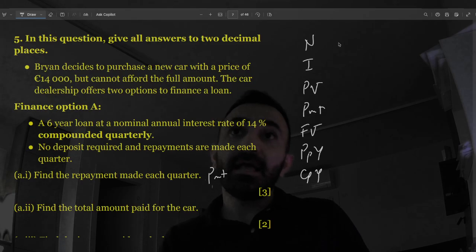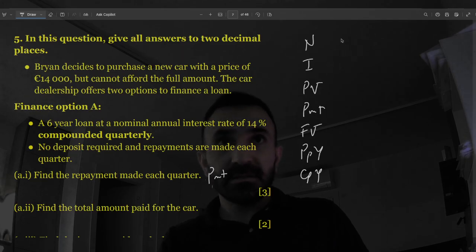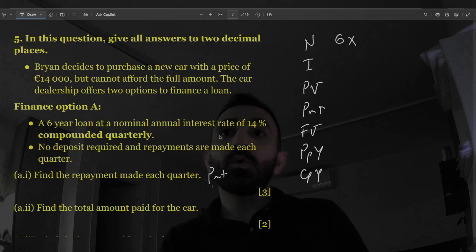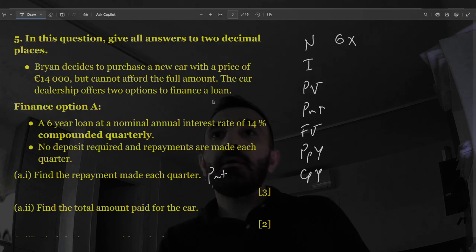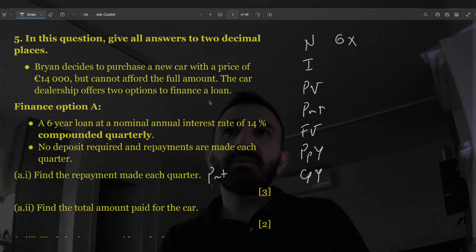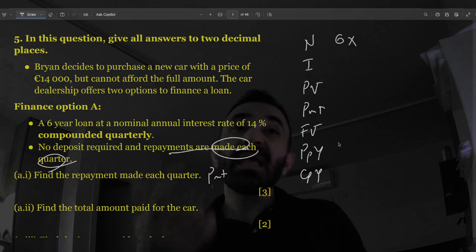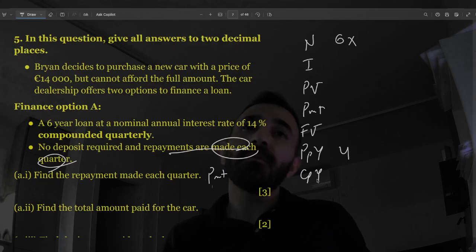N is the number of years, so 6 years times PPY. What is PPY? Brian decides to purchase a new car with a price of 14,000, but cannot afford it. The car dealership: interest rate of 14% compounded quarterly, no deposits. Payments are made each quarter. So the number of payments per year is 4.